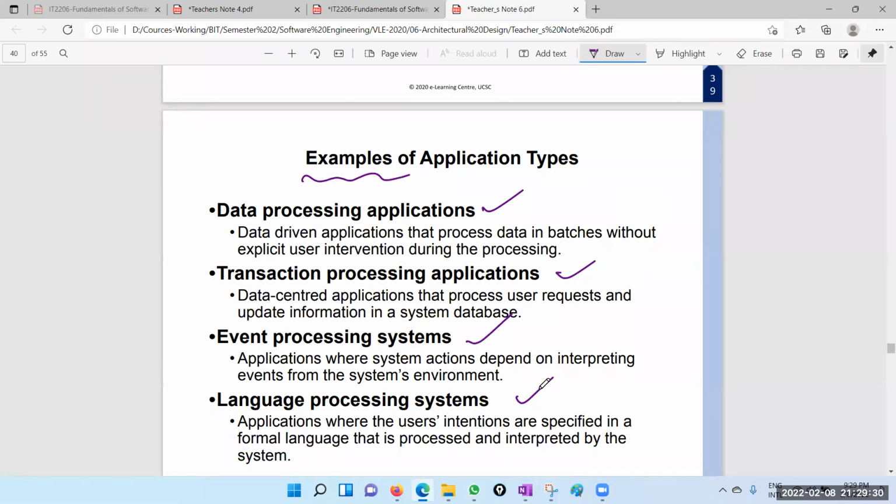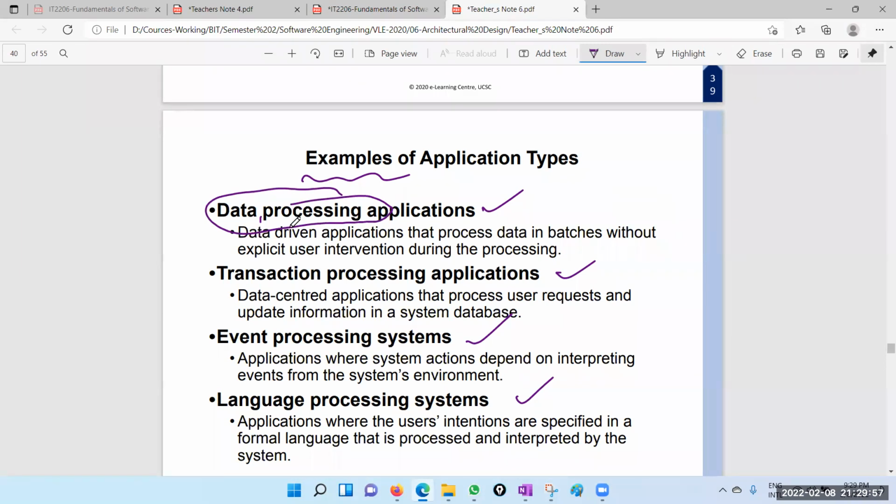Depending on the application, we can identify or propose an architecture as a solution, or part of the solution. There are data processing applications, which are heavily data oriented.